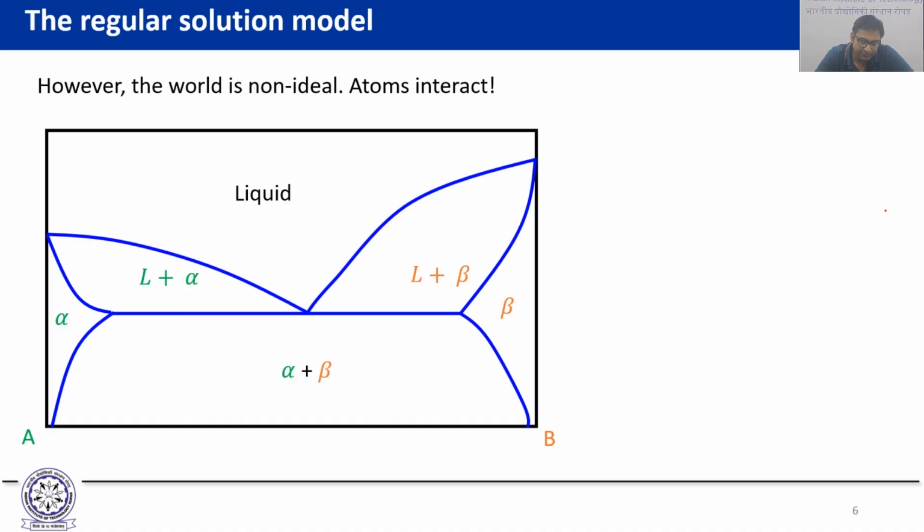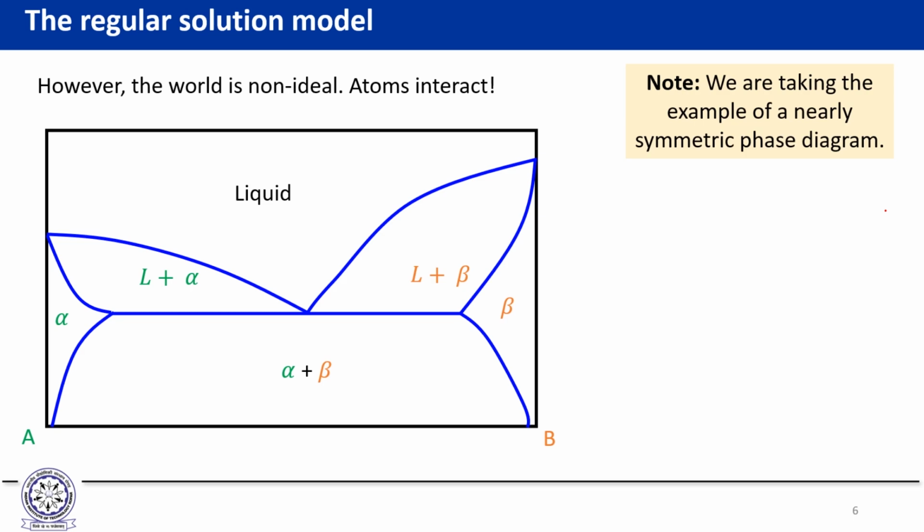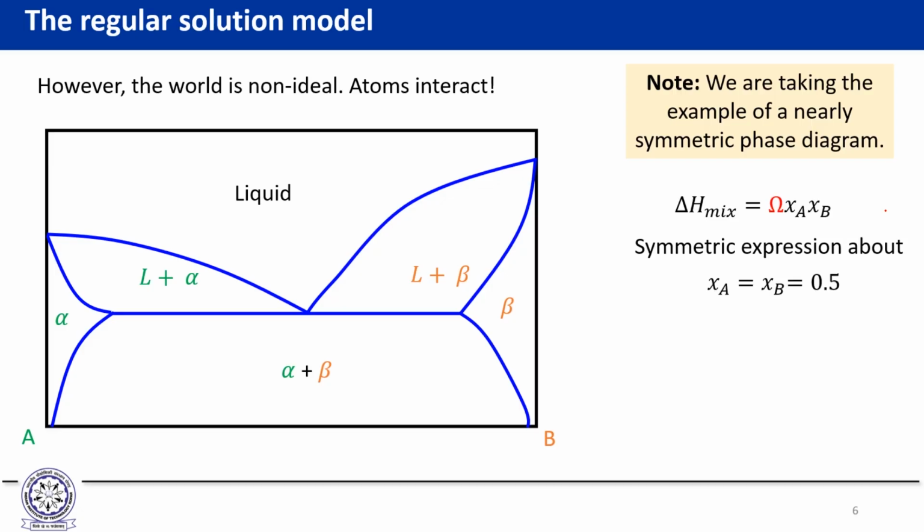This is a fairly simple eutectic phase diagram between A and B. Quite deliberately, we have taken a phase diagram which is nearly symmetric. It's not perfectly symmetric, but it is more or less symmetric, and so this is a case where the regular solution model works very well.